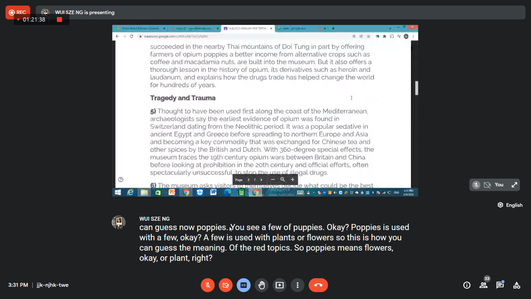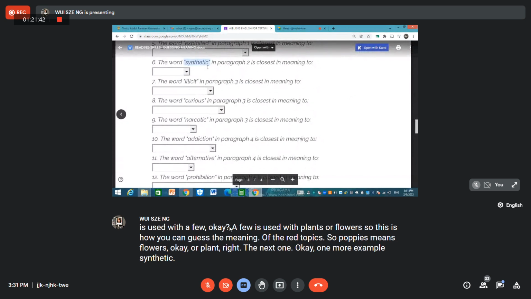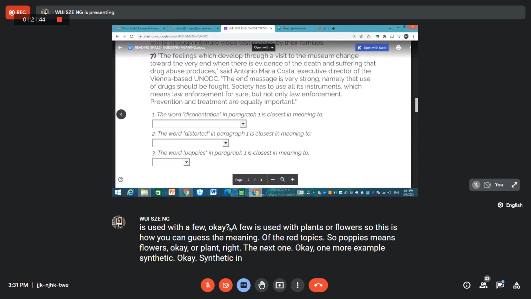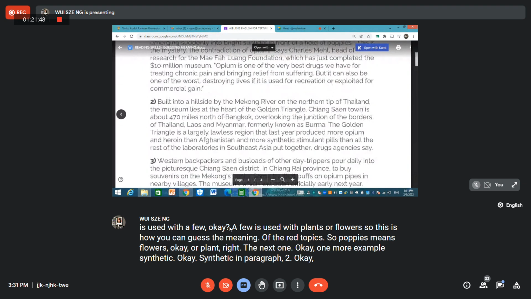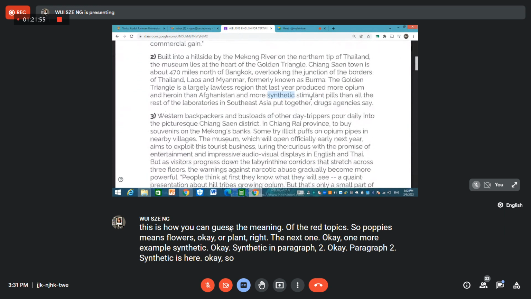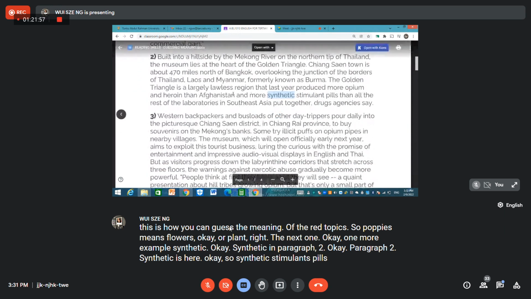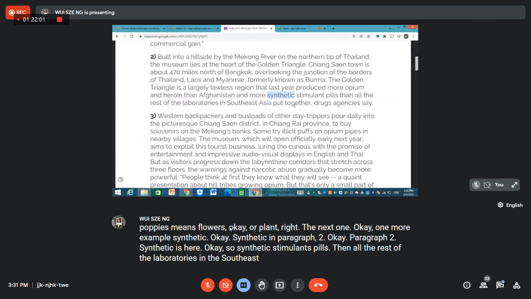Right, the next one, one more example: synthetic, in paragraph 2. Synthetic stimulant pills, then all the rest of the laboratories in Southeast Asia put together, the drugs agency says.